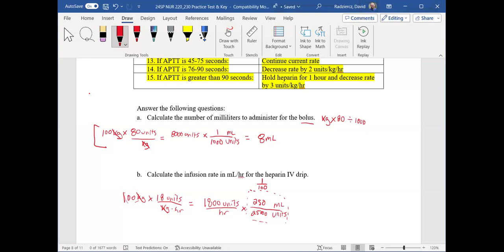I'm just letting you know because when I show you the shorthand, at least you'll understand why I say divide by 100. That's where that's coming from. Okay. So because I know that 1,800 divided by 100 is just going to be 18 again. So my answer would be 18 milliliters per hour.